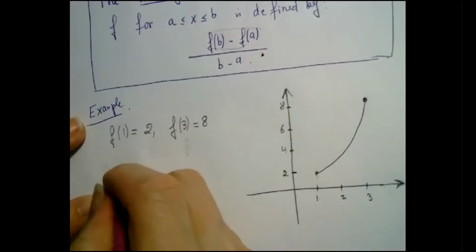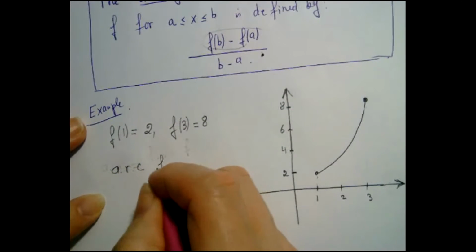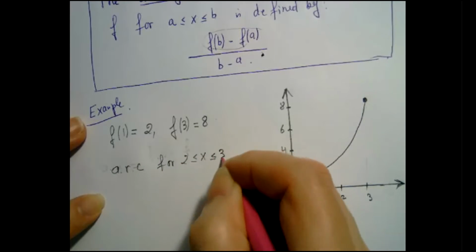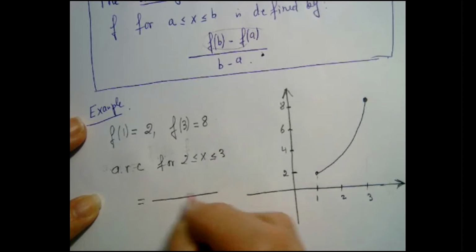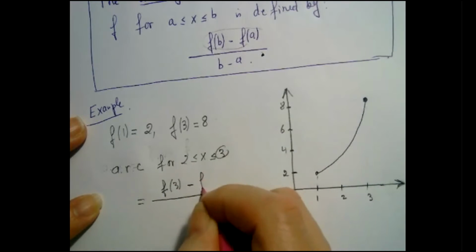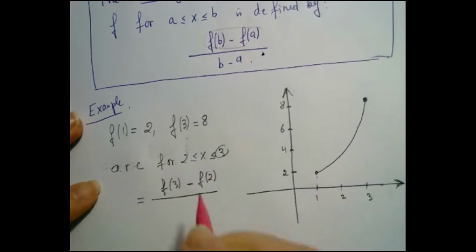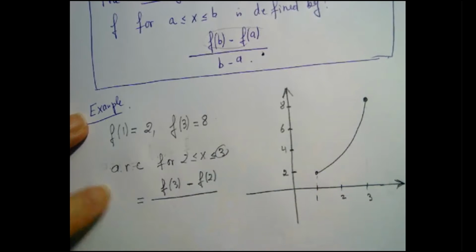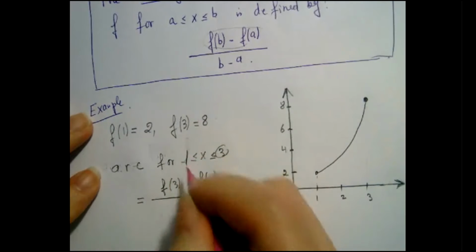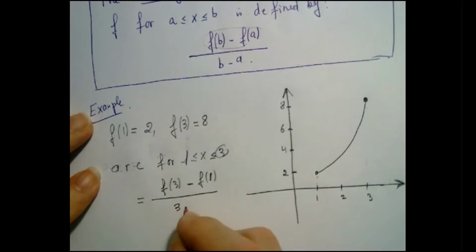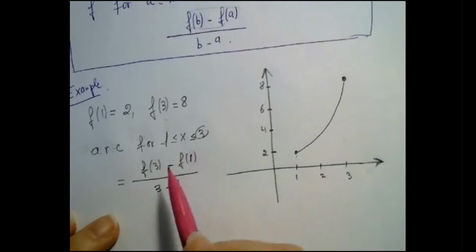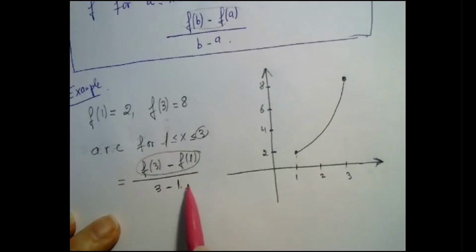So the average rate of change for x between 1 and 3 is, the definition tells me, f of 3 minus f of 1, divided by 3 minus 1. My apology for the mistakes.